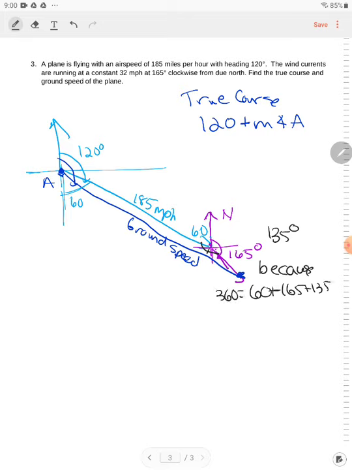See, that makes a circle all the way around. So we're going to use the law of cosines. Let's call the ground speed x. So x squared is equal to 185 squared plus 32 squared minus 2 times 185 times 32 times cosine of the 135 we just found.